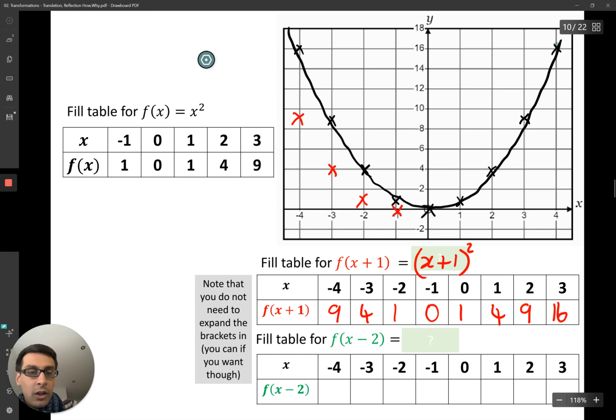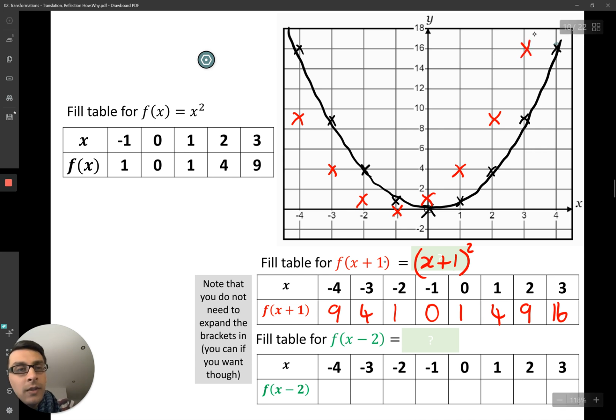So 0 goes to 1, and 1 goes to 4. You can see that quite clearly. It's just a shift of 1 unit in each case. And then we have 2 goes to 9, 3 goes to 16, and so on.